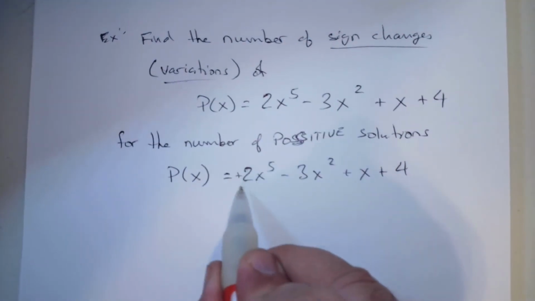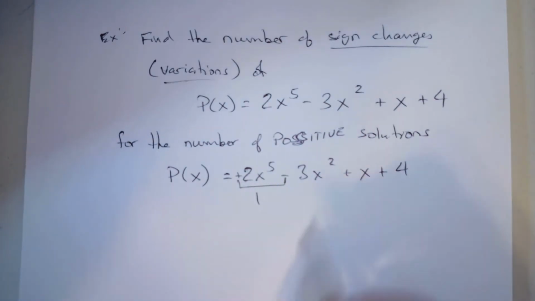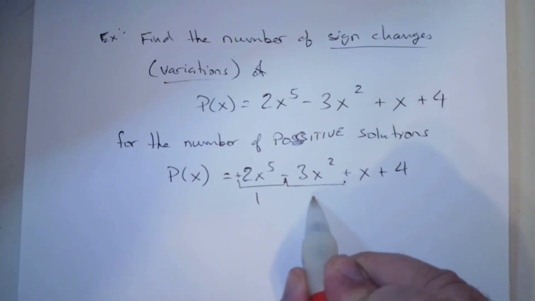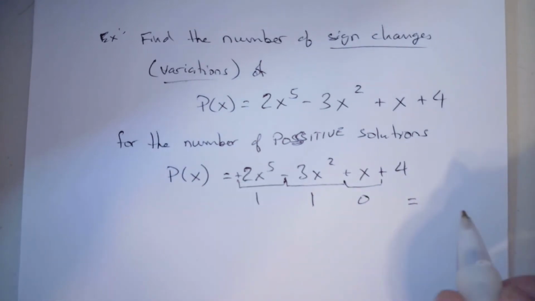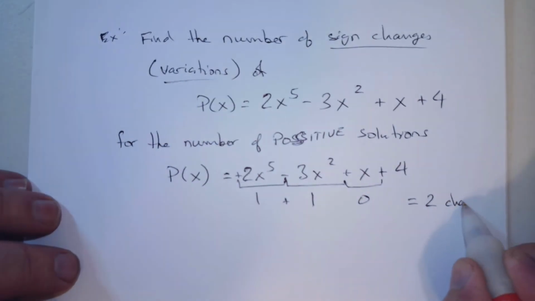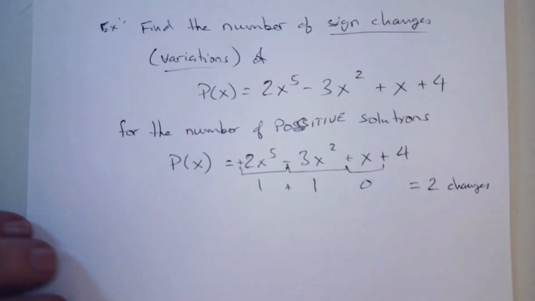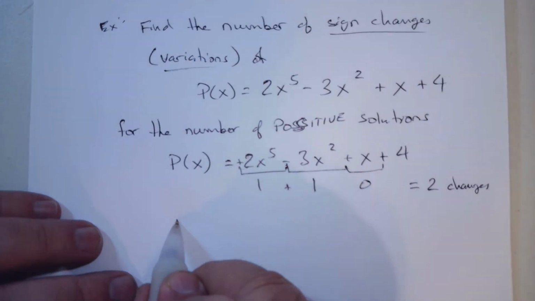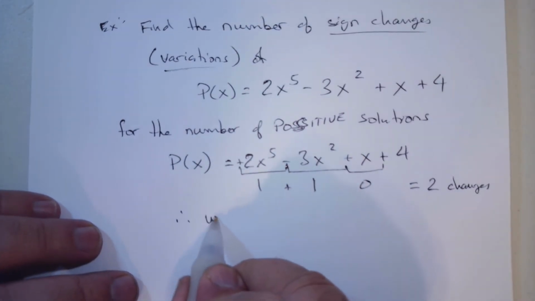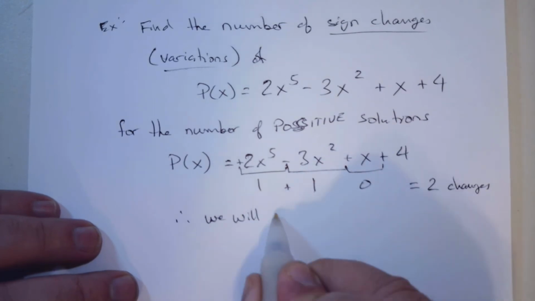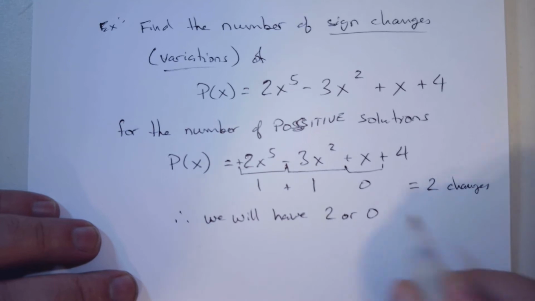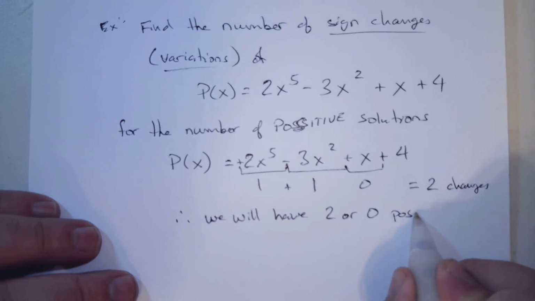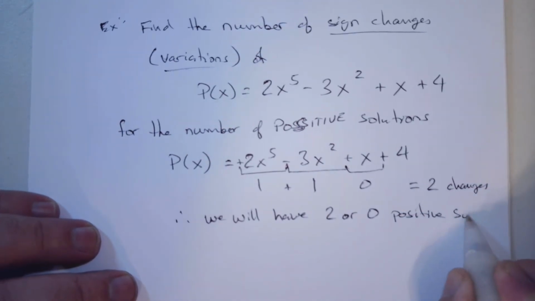So it's positive to negative, that's 1. Negative to positive, that's a sign change. Positive to positive, no. So we have 2 sign changes, which tells us we will have 2 or 0 positive solutions.